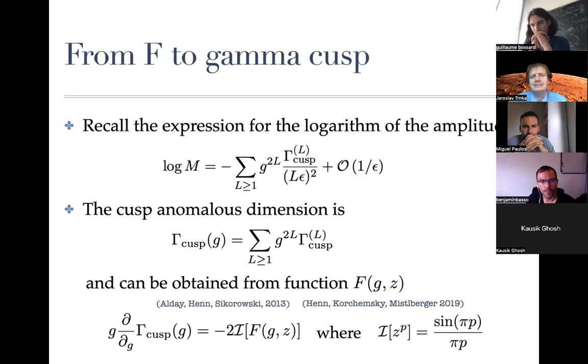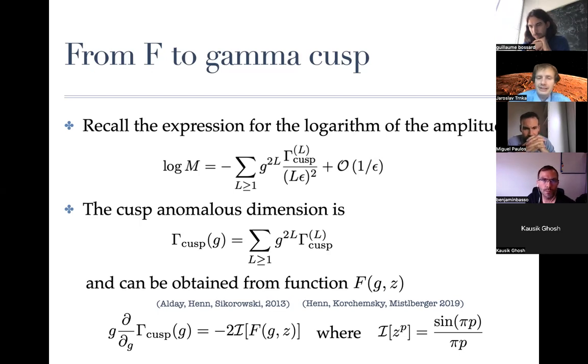It is this formula that I wrote here, which was found in these earlier papers by Fernando, Alday, Johannes, and Sikorski. And there is some operation that must be done. So for me, it's a little black box how these things are related. How the extraction of gamma cusp works, where the gamma cusp is sitting in the result. I don't have any insight.